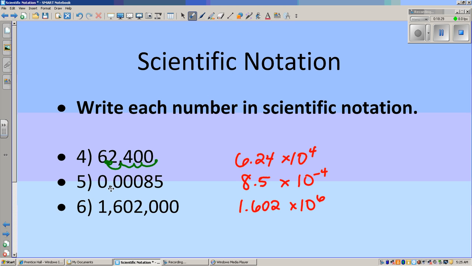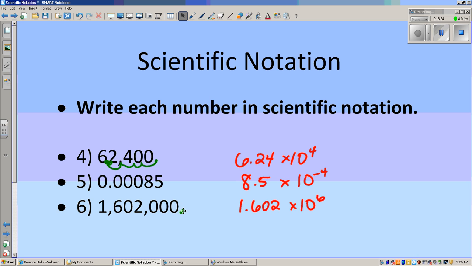Same thing here, except we're moving our decimal 4 units to the right. We started off with a number below 1, so our exponent is going to be negative. We moved it 4 units, the exponent is -4, and we had to move it between the 8 and the 5 to get a number that's between 1 and 10. Okay, for this last one, our decimal starts here.